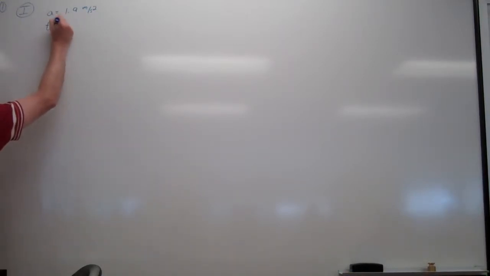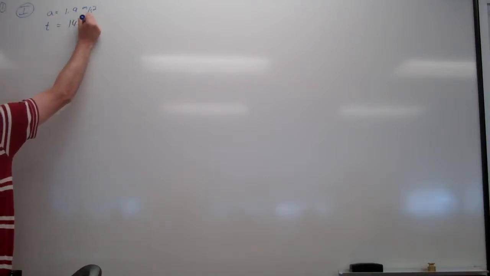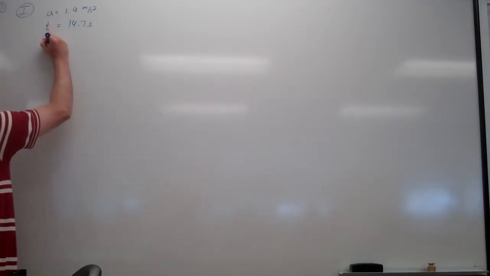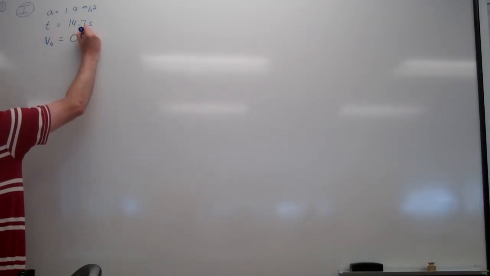So our time is 14.7 seconds. What else do we know? It started at 0. So our initial velocity is 0. That's because it started from rest. Any questions on why we know those, or why I labeled them the way I did?